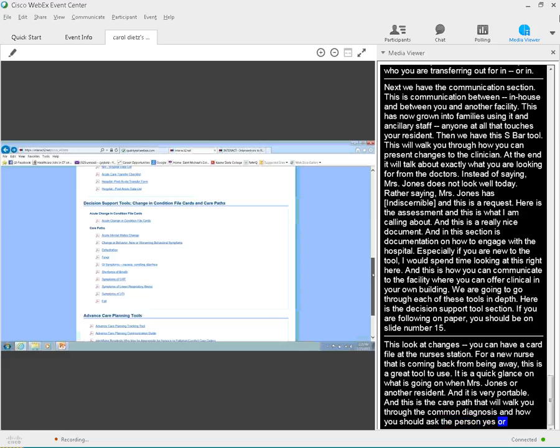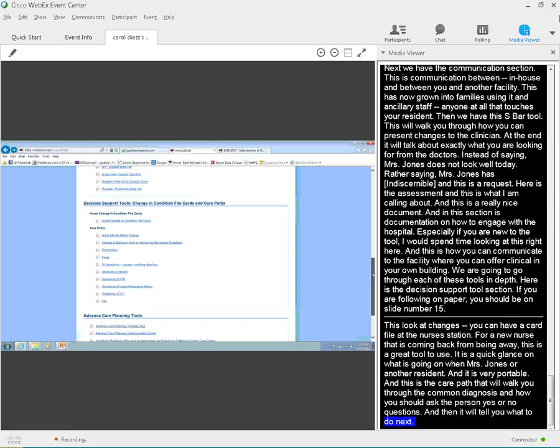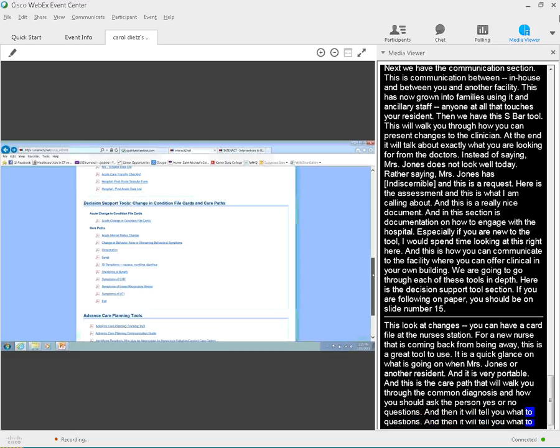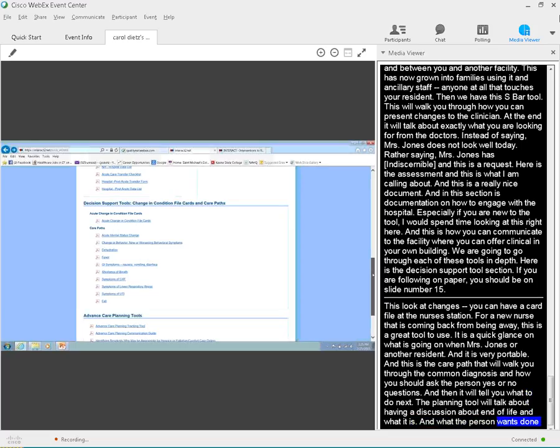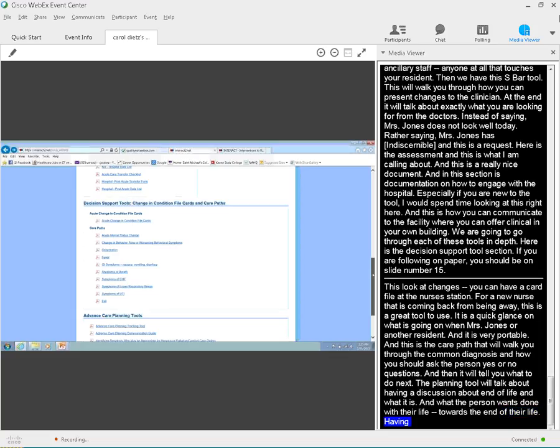The advanced care planning tools talk about just having the discussion about end of life and what it is a person wants done with their life as they're towards the end of their life. So having the discussion, not just when an issue happens, but as they come into the facility and with every changing condition.